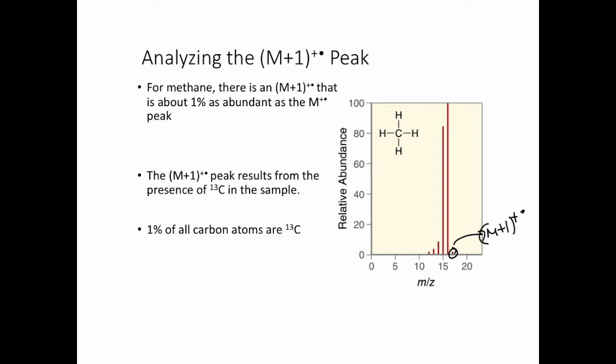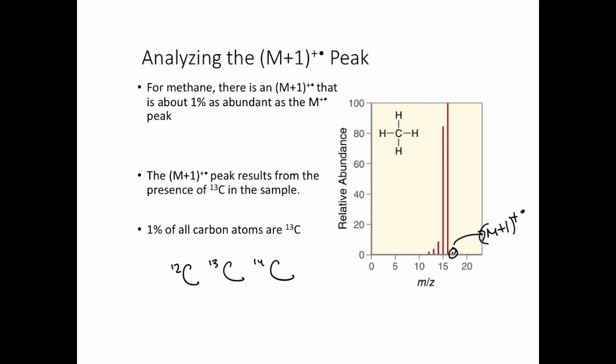The M+1 peak results from the presence of the isotope carbon-13 in your sample. So remember that carbon has 3 isotopes: carbon-12, carbon-13, and carbon-14. The weight you see on the periodic table is an average of those isotopes, taking into account their natural abundance.